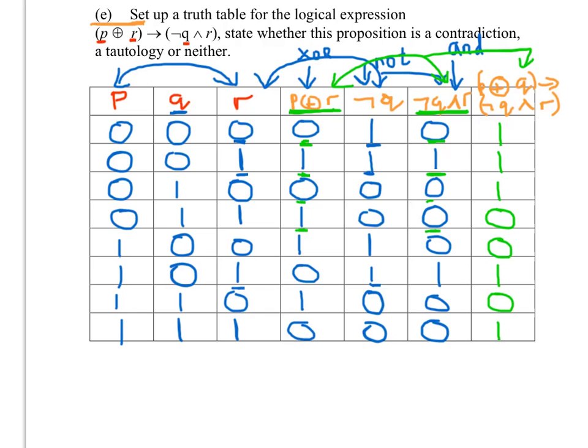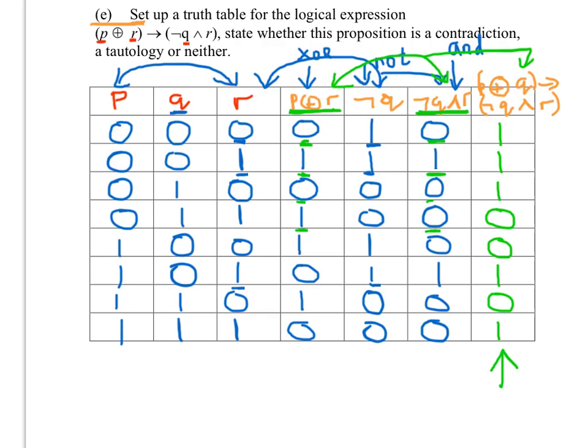Now what you're also asked is whether the proposition is a contradiction, a tautology, or neither. To get the answer to this question, we look at the last column. For the proposition to be a contradiction, the last column would contain nothing but zeros, entirely false. And as you can see here, the last column has a mixture of ones and zeros. If the expression was to be a tautology, then the last column should have nothing but ones.